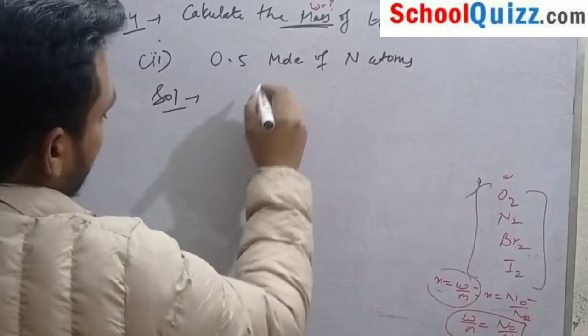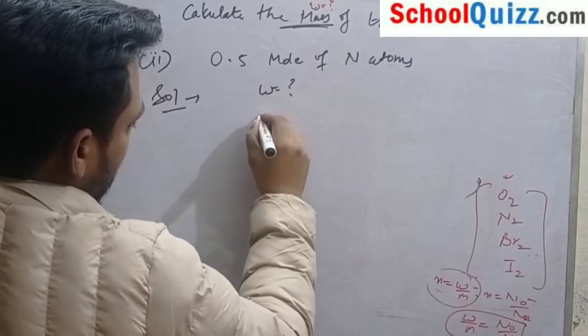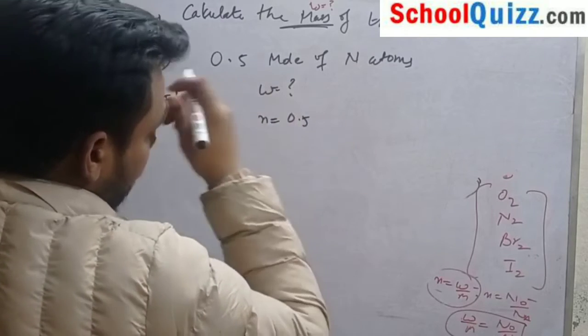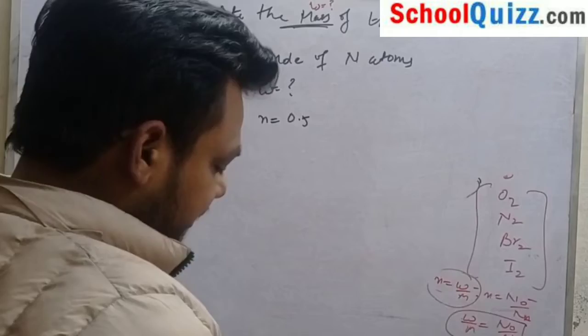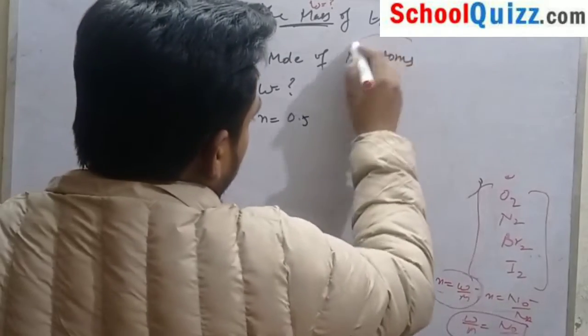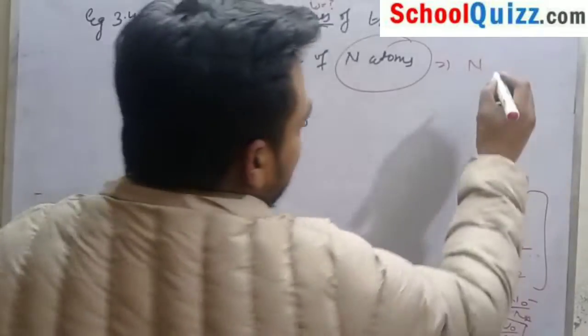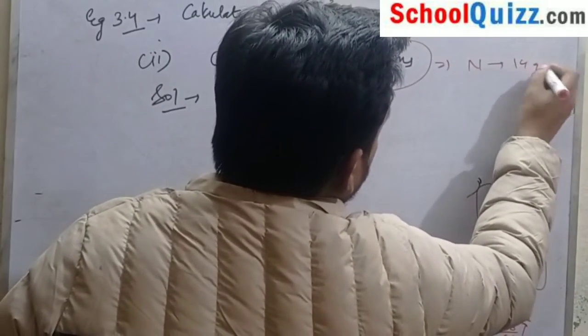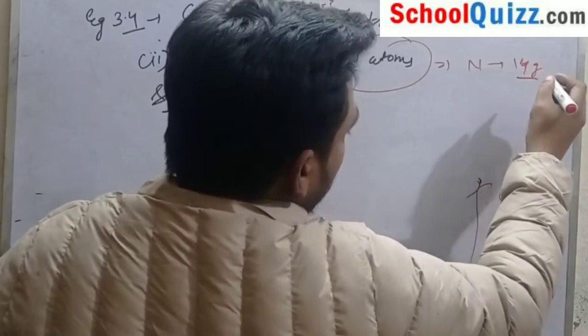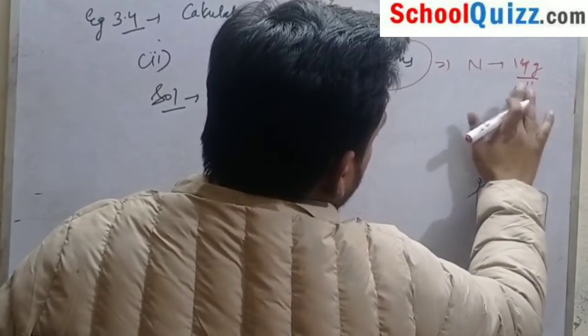Same thing, we have to find W. Number of moles is equal to 0.5. Now one thing we have to notice: it is given nitrogen atoms, which means we have only one atom of nitrogen, that will weigh only 14 gram.